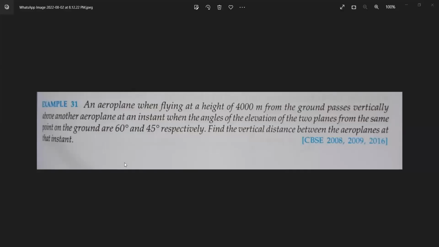Yeah, please do this one also. You can note it down, then you can do it later on. Take a picture and then you can solve it on your own.